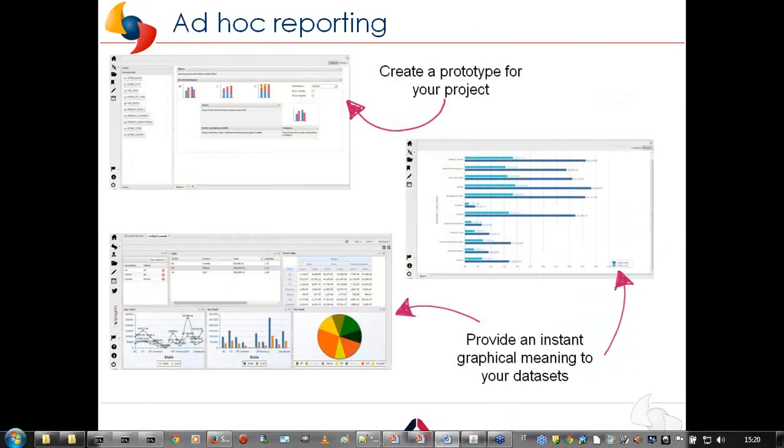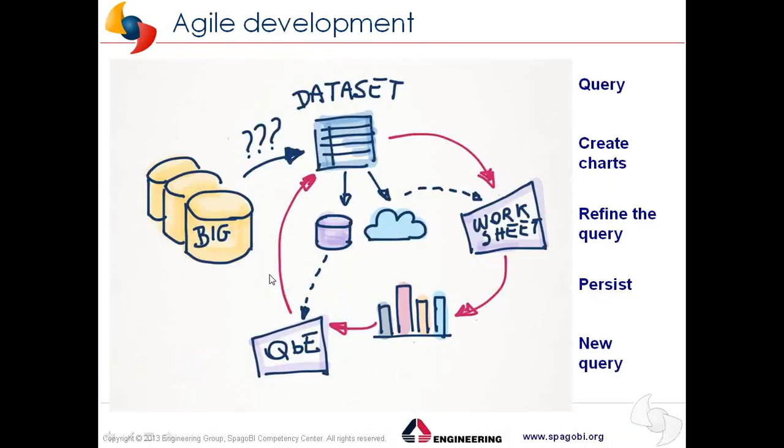Okay. Now we can see this slide that is the summary of this first part of the webinar. So we have our big data sources, and we collect data using the data sets. Then we have different choices. We can create a worksheet, a doc reporting, or an enterprise document.